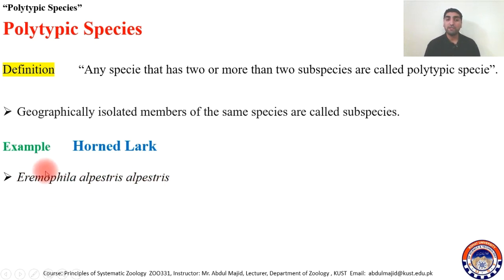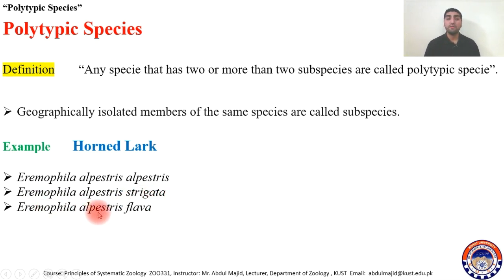So this is the main species, and then there are many others, like for example Eremophila alpestris strigata, a subspecies. Then there is another subspecies, Eremophila alpestris flava, and then Eremophila alpestris longirostris, which is the Pakistani subspecies, present in Pakistan in the Himalayas region and the northern side.